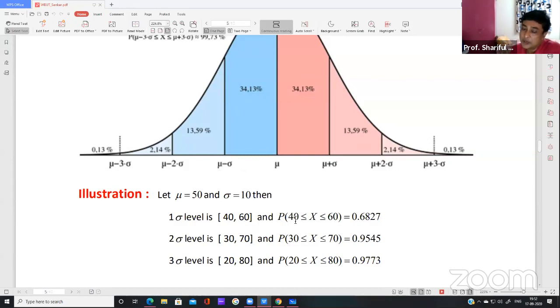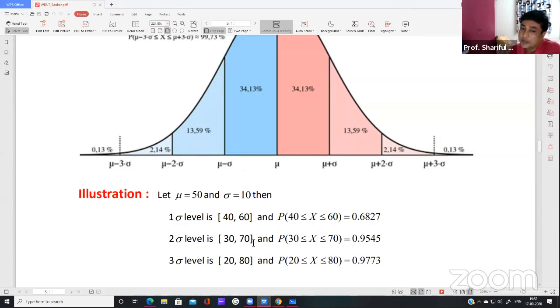That means the probability of any data being within this range from 40 to 60 is 68.27%. In terms of probability, we can write 68.27% as 0.6827.